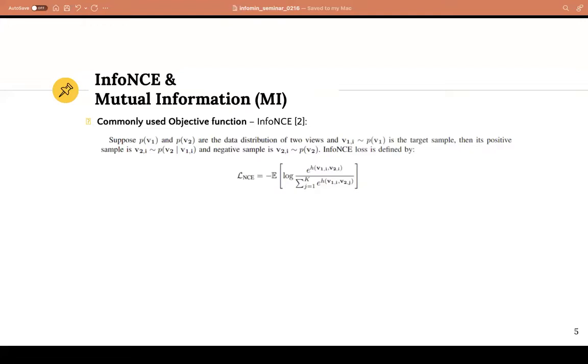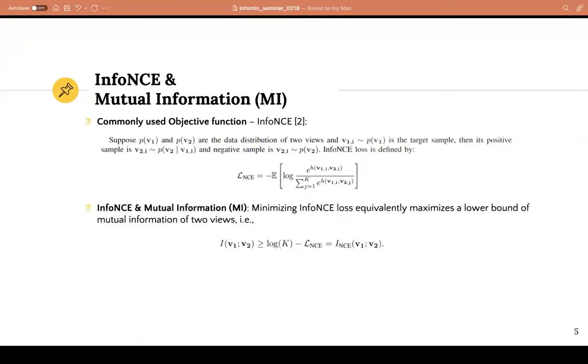So we can define the InfoNCE loss as follows, and it's very common. From the form we can see it's quite similar, it reminds us of the definition of mutual information. Actually, they are related. The relationship is that if you minimize the InfoNCE loss, it's equivalent to maximizing a lower bound of mutual information of two views.